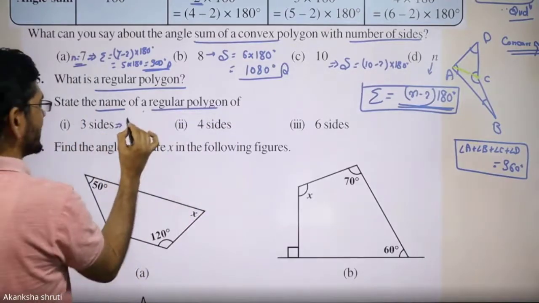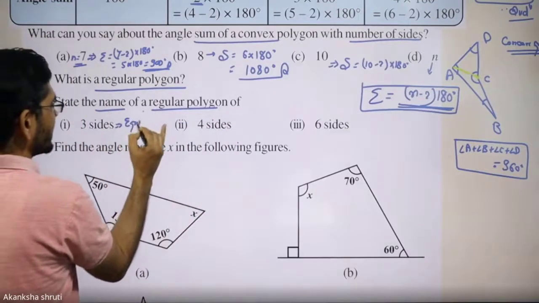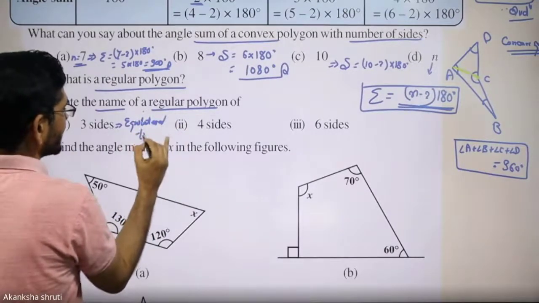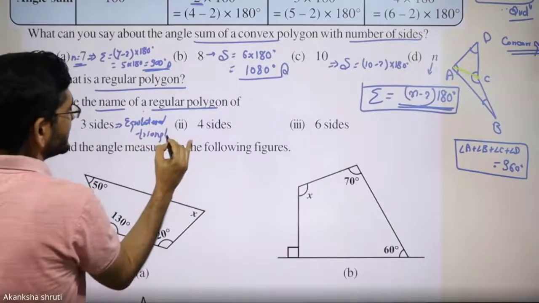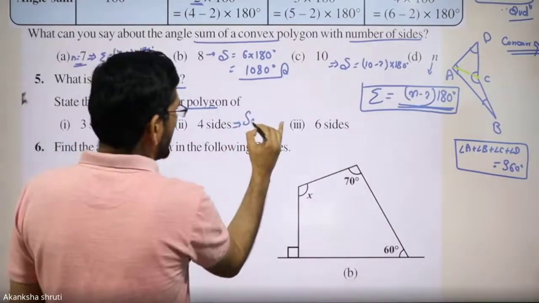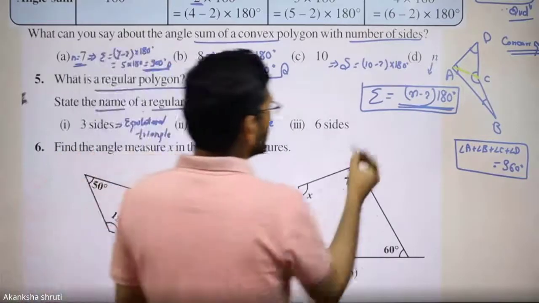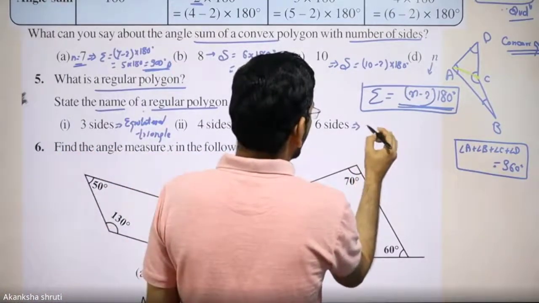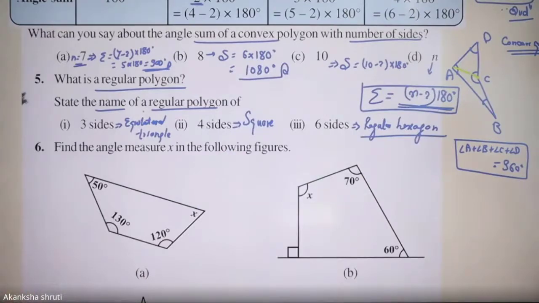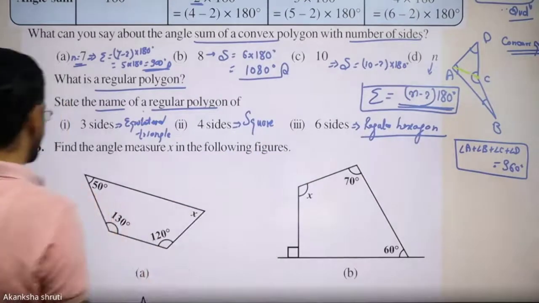It is called an equilateral triangle. I had also explained earlier. For 4 sides, it is called a square. Okay, students? For 6 sides it is a regular hexagon, or simply hexagon, which I had explained earlier.